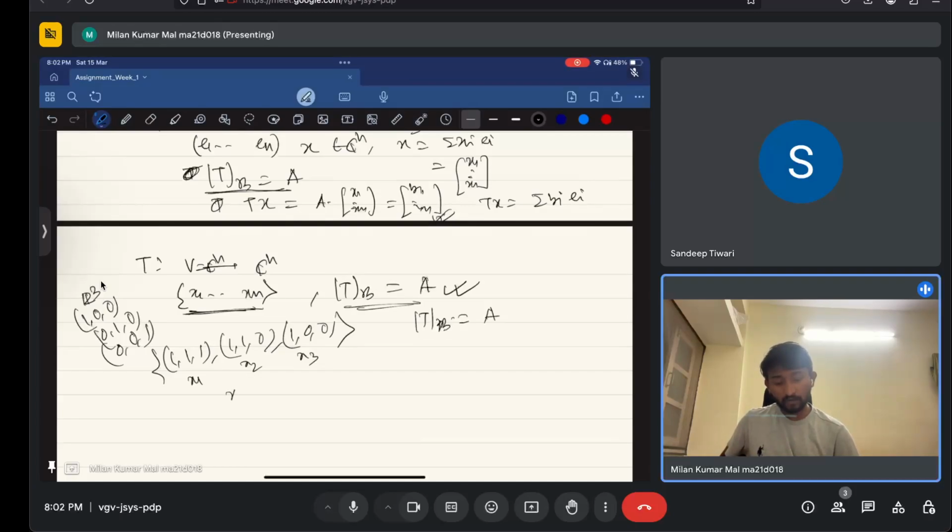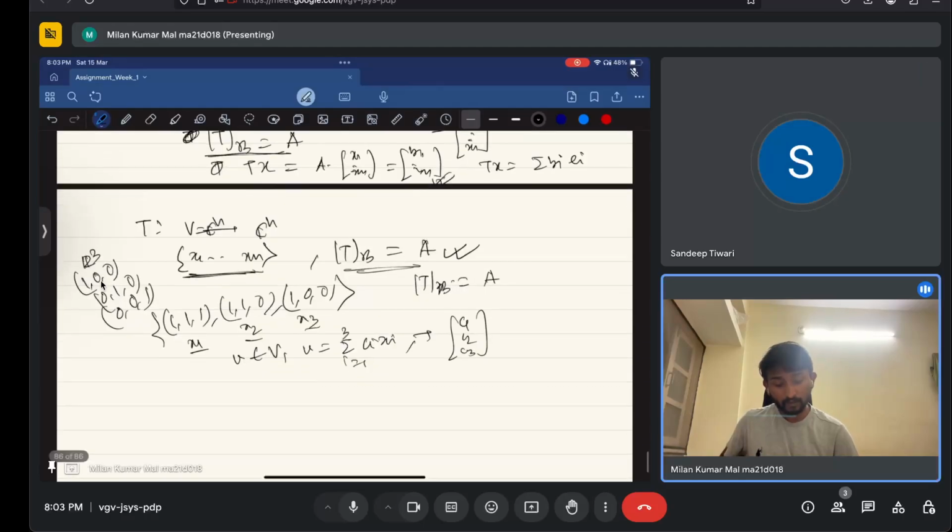Now if I take a vector v in V, then v is the summation of Ci xi, i equals 1 to 3. In that situation, v can be written as the column vector C1, C2, C3 with respect to this ordered basis. To find Tv, I have to multiply A with C1, C2, C3.